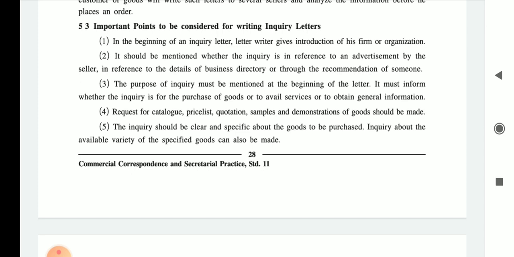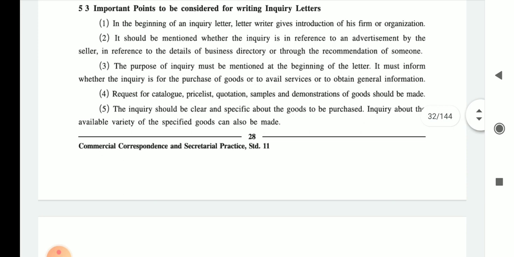Request for catalog, price list, quotation, sample and demonstration of the goods should be made. See, if you need them, at that time you have to make a request for a catalog. Catalog means the card or the information from the seller, in which he makes a list of products with pictures, with features, as well as many items.